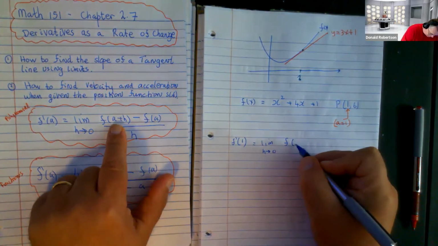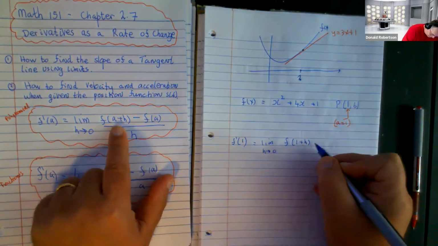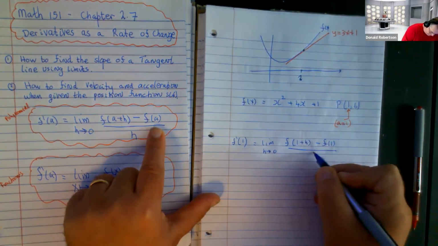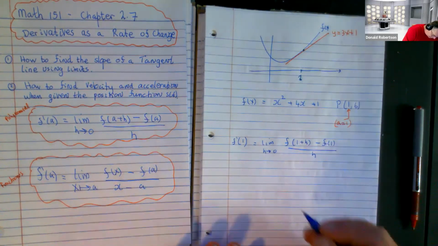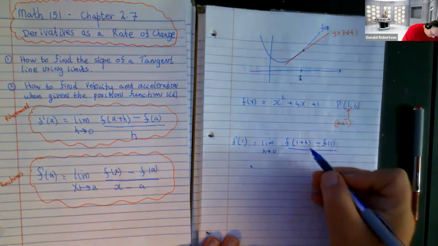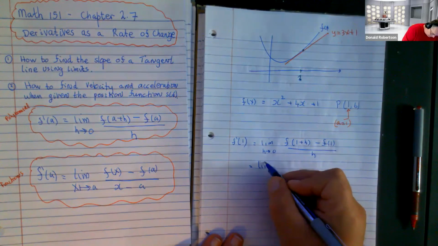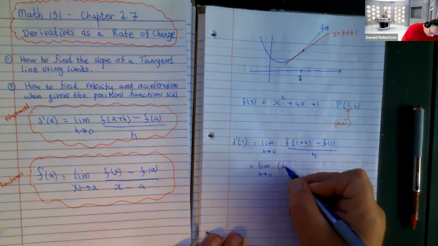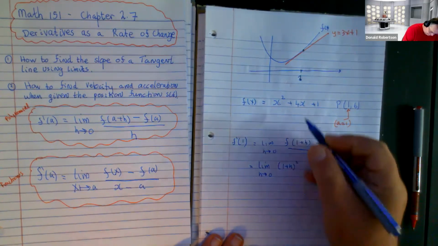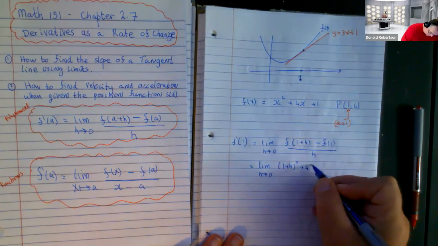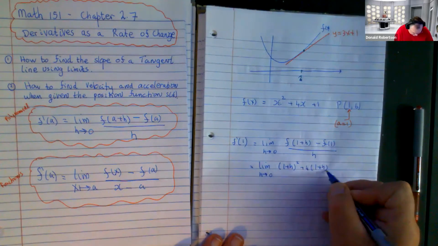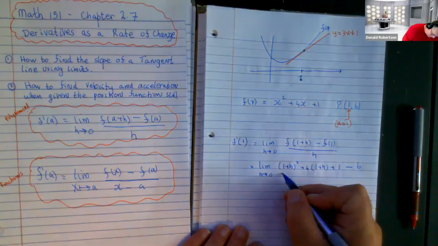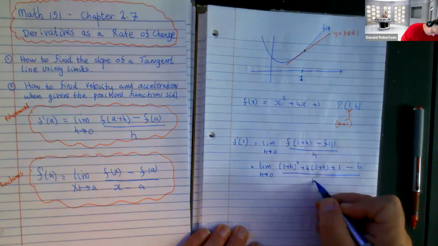Take away f of 1 over h. And so this is going to be the limit as h tends to 0 of 1 plus h squared, 4 lots of 1 plus h, add 1, take away f of 1, which is what, 1 squared plus 4 plus 1, take away 6, all over h.